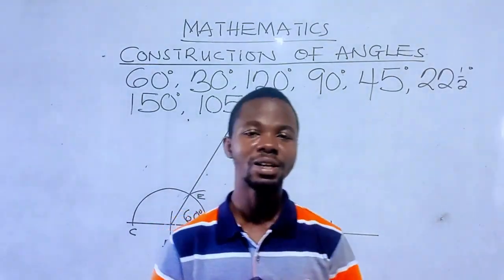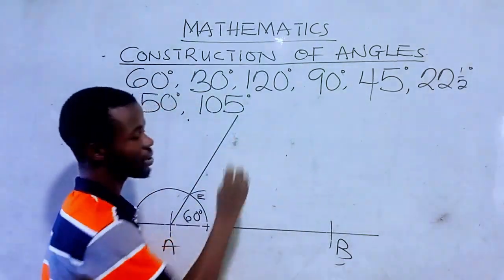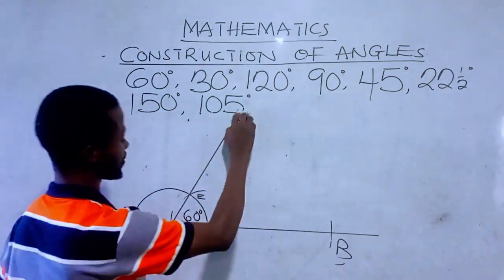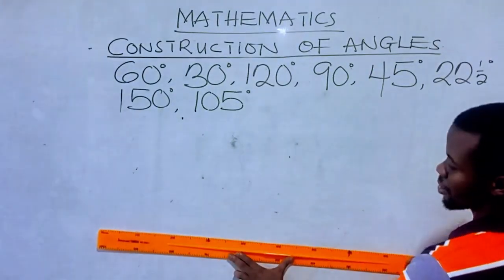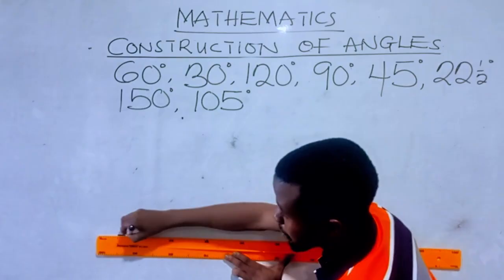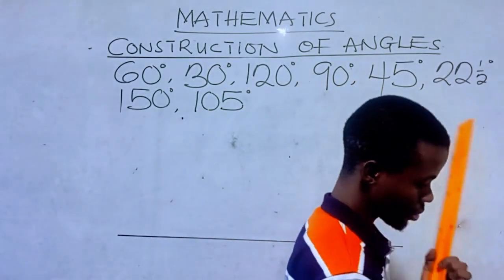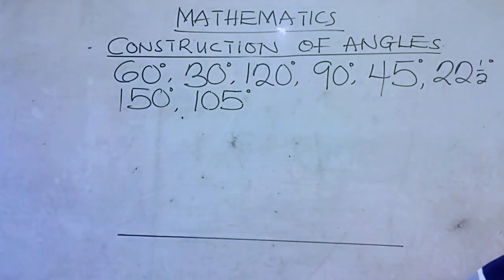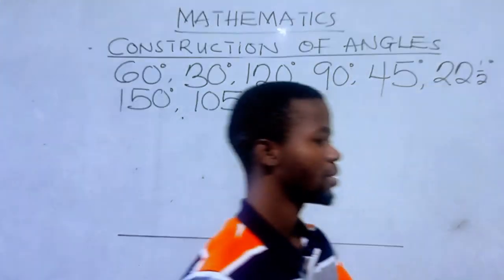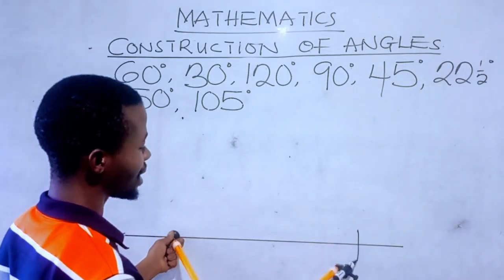Now let's say you're asked to construct 30 degrees. 30 degrees will be constructed like this. So you start with your straight line. You measure the required length. You stand at one end, you make an arc.